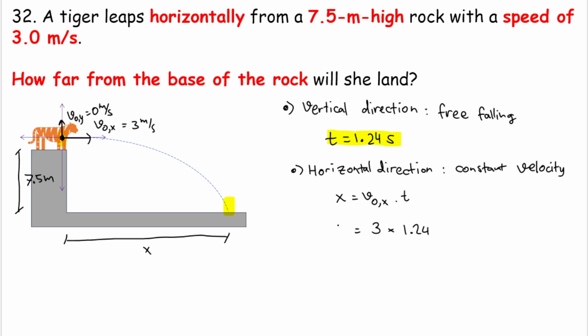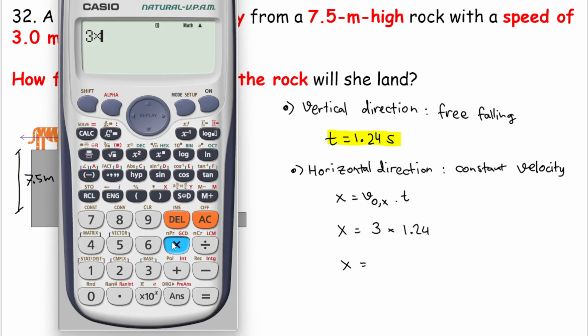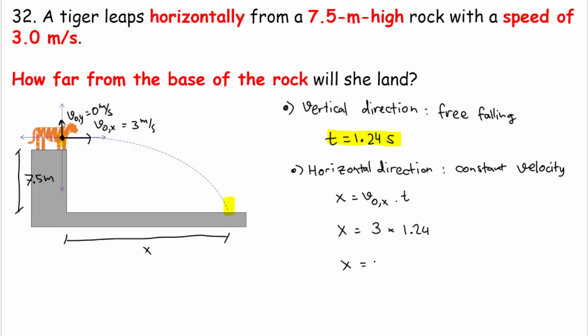So we will have x is equal to this, and let's plug that into our calculator. 3 multiplied by 1.24. And that will be 3.72 meters. And that is how far from the base of the rock the tiger will land.